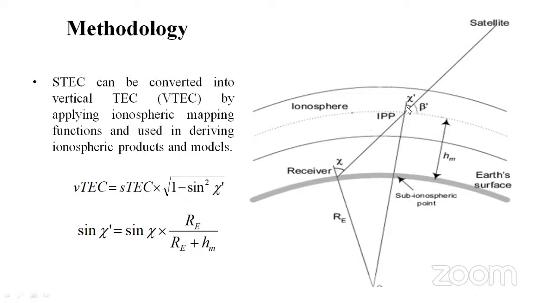And the angle xi dash is the angle between the ionospheric piercing point and the path of the signal, whereas xi is the zenith angle from the receiver to the satellite path. Here RE is the radius of the Earth, and HM is the distance from the surface to the ionospheric piercing point.